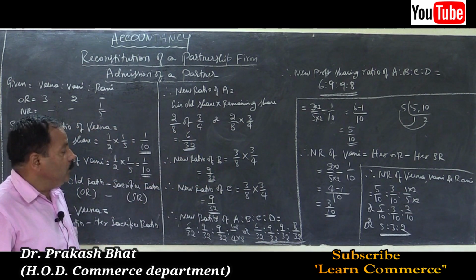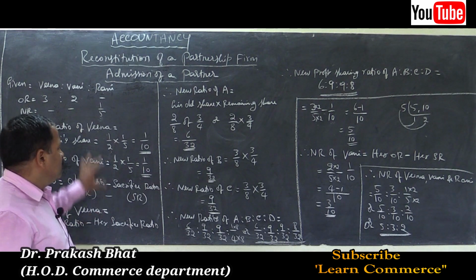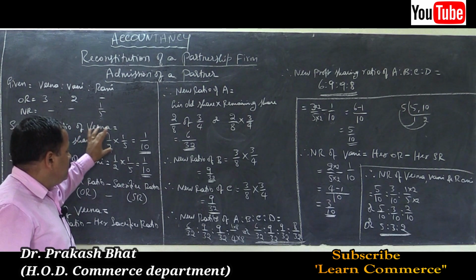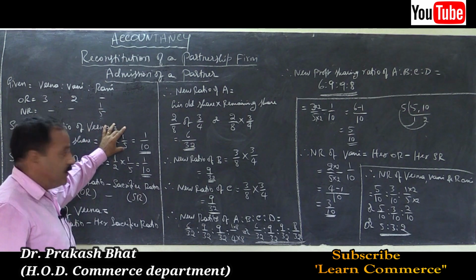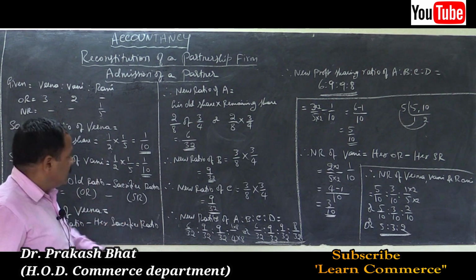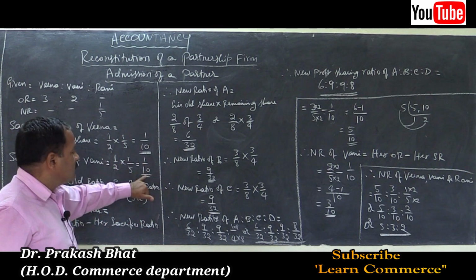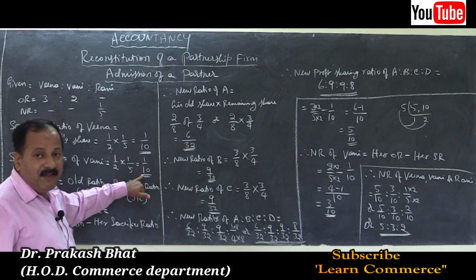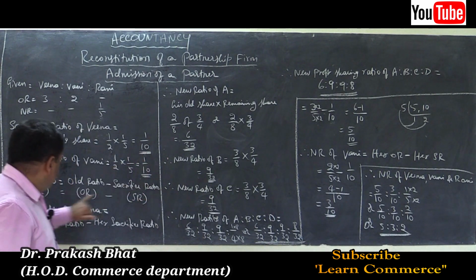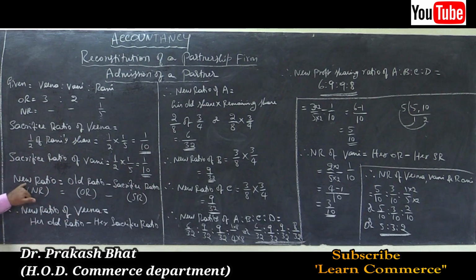This is how you have to solve whenever the sacrifice is made by the old partners equally. Here the new partner's share is the base for us, and we have to divide it into two equal parts, and each of the parts is the sacrifice made by the old partners. If you deduct the sacrifice ratio from your old ratio, then you will get the new ratio.